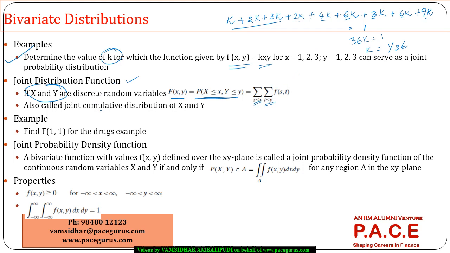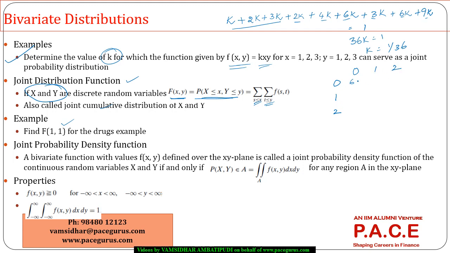That is what we call the joint cumulative distribution of X and Y. So you want F of 1 comma 1 for the drugs example. For the drugs example, let me take x as 0, 1, 2, y also 0, 1, 2.